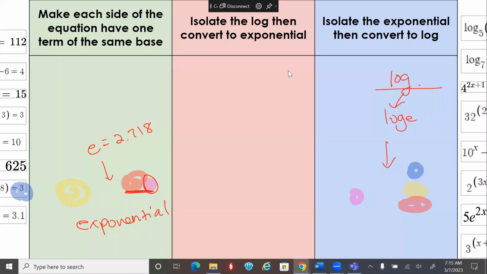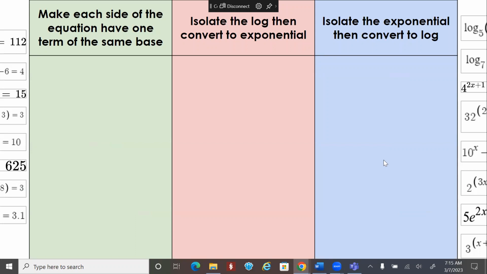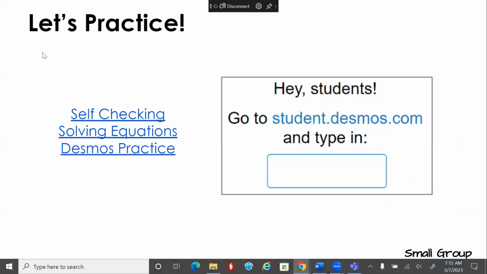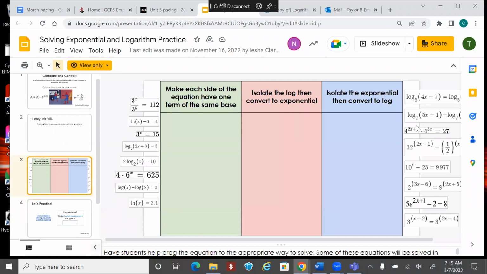Okay. So what? I'm still working on it. There's a lot. All right, so on here, what we're going to do is we're going to take each of these little expressions, okay, and we're going to match them into these three columns.